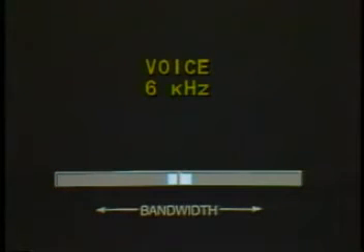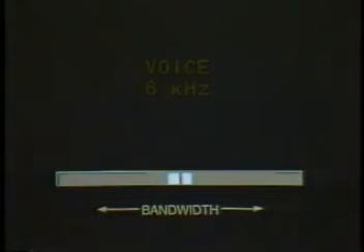The amount of information a radio frequency signal can carry is directly proportional to its bandwidth. For example, if a radio telephone is to carry voice information with audio frequencies ranging up to 3 kilohertz, its bandwidth must be 6 kilohertz or more.